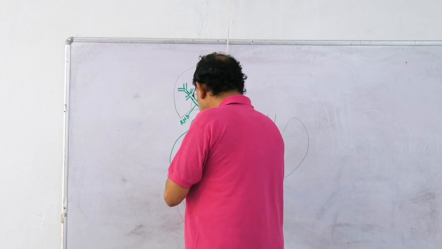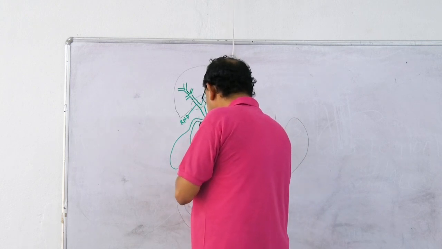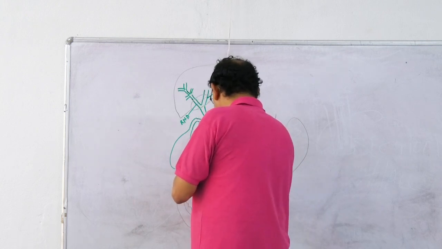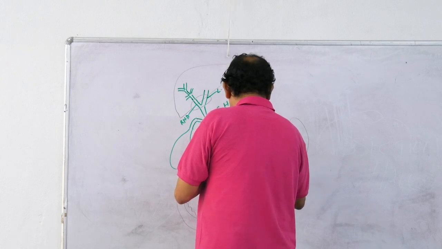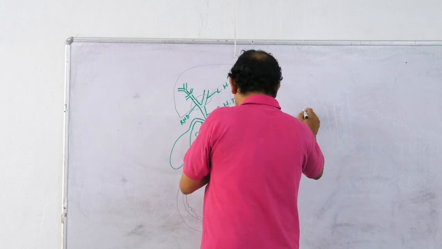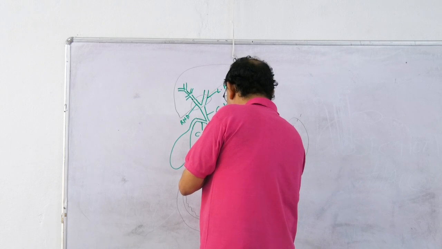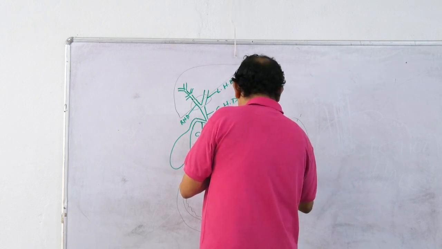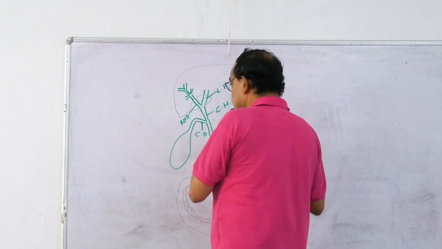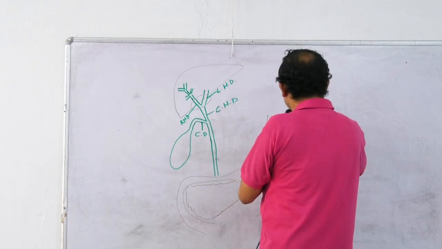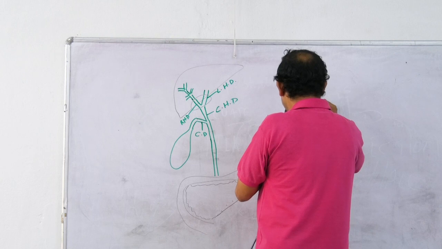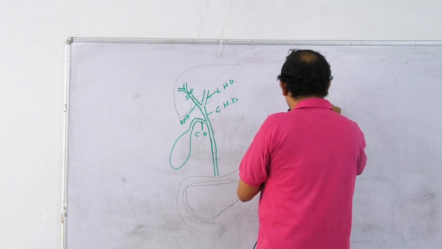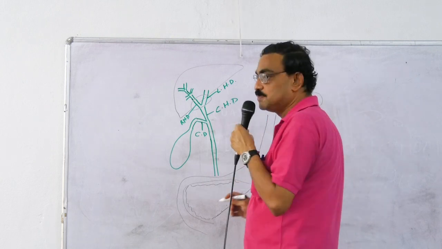So here we are getting another gland which passes through the bed of the stomach and ends here over the spleen.